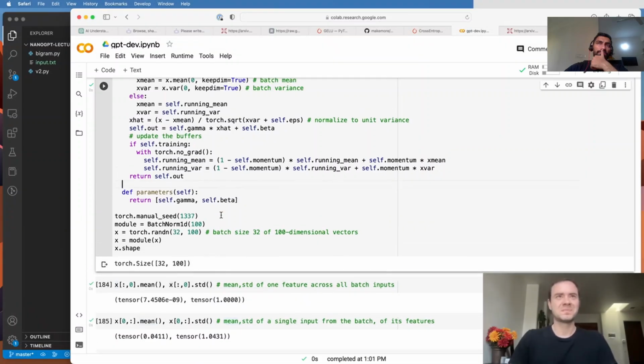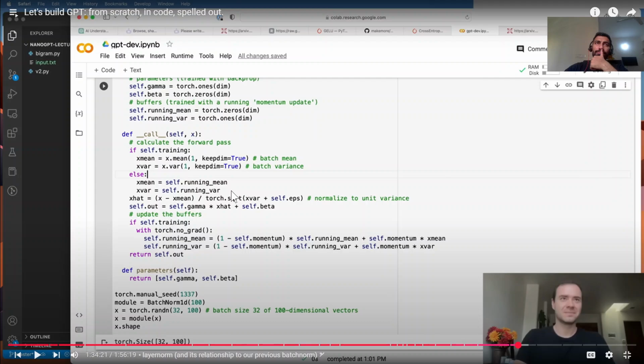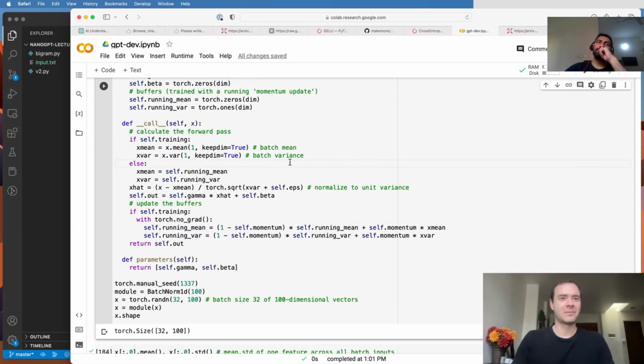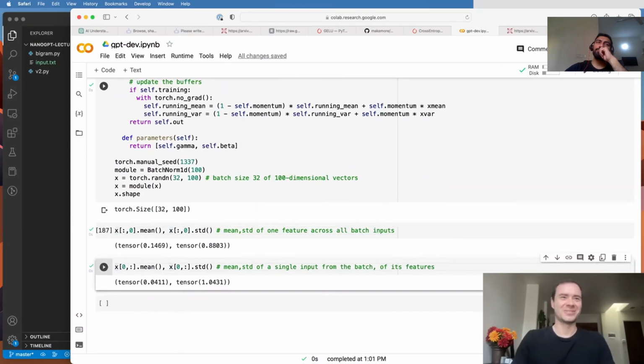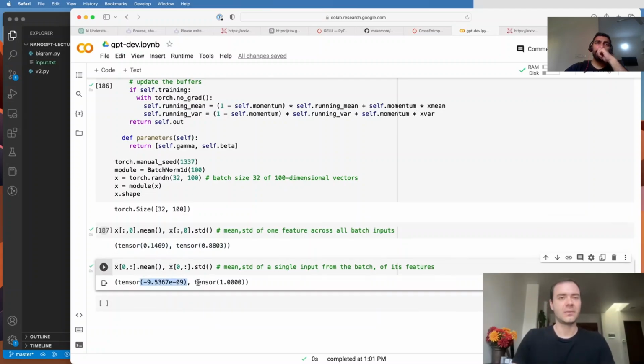So let's now implement layer norm. It's very complicated. Look, we come here, we change this from 0 to 1. So we don't normalize the columns, we normalize the rows, each of the batch. And now we've implemented layer norm. So now the columns are not going to be normalized, but the rows are going to be normalized.